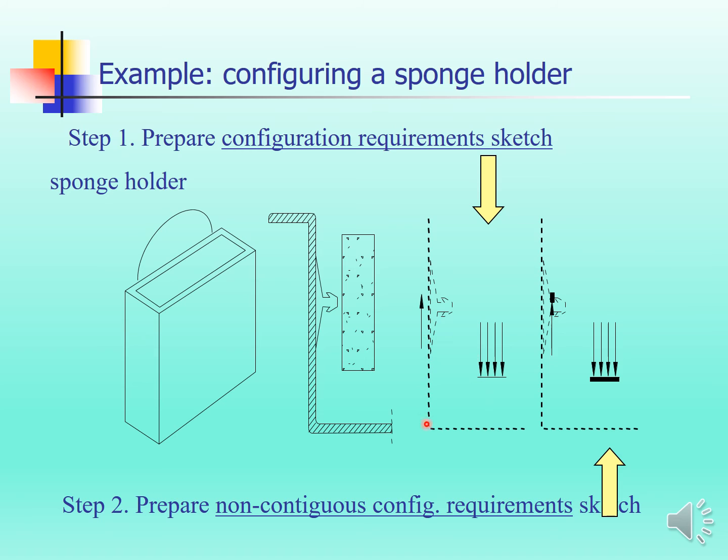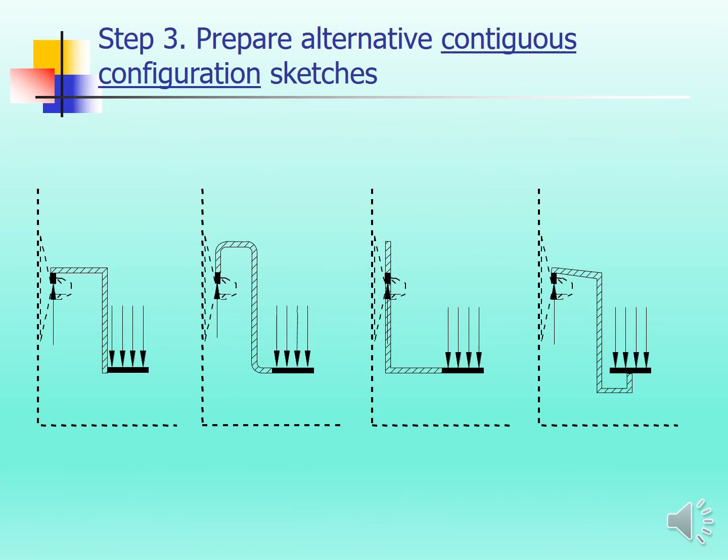interactive between the holder. Step number 2, we prepare the alternative configuration, the configuration requirement sketch in detail. This is what we can do to prepare alternative contiguous configuration sketches.